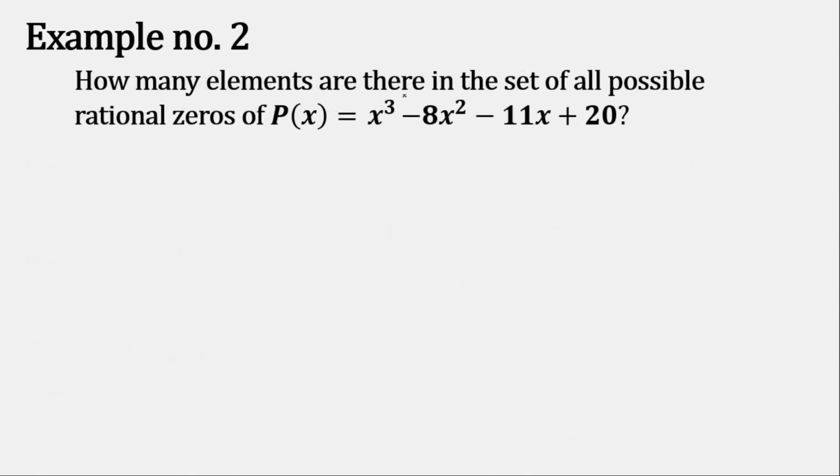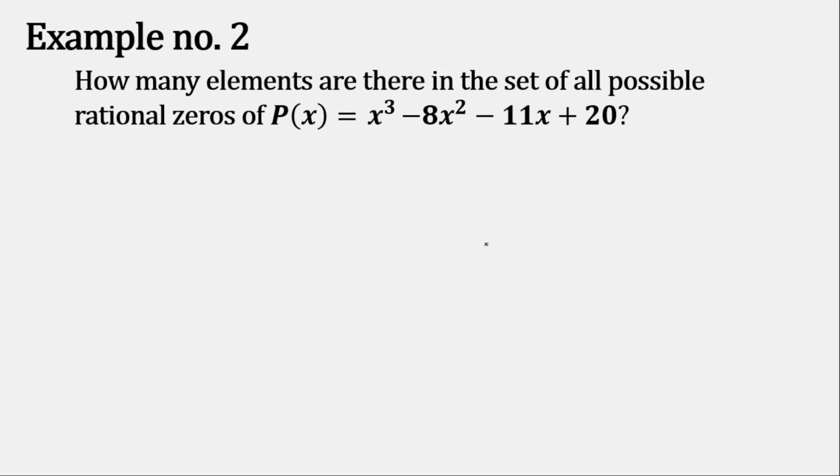Now, example number 2. How many elements are there in a set of all possible rational zeros of this polynomial function? So again, we are just tasked to get the number of elements, or the number of possible rational zeros.